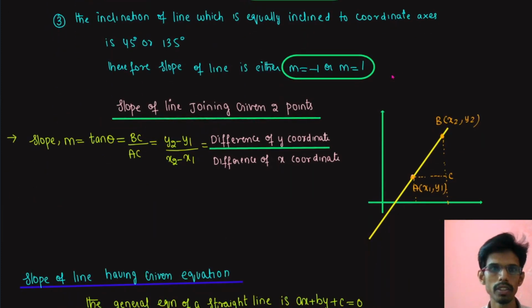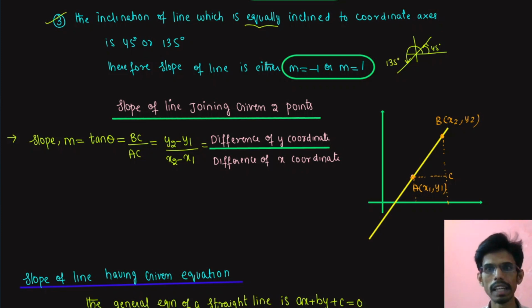Now the point number 3, the inclination of a line which is equally inclined to coordinate axis is 45 degree. See this coordinate axis, if a line passes through this origin, now this angle will be 45 degree, or else this can be 135 degree.